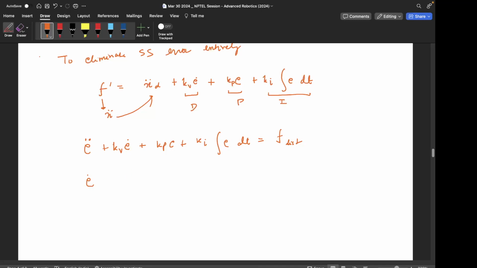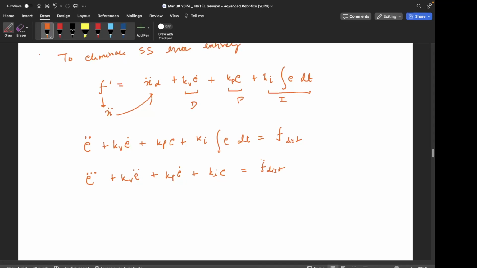Now if we take the derivative of this equation, this becomes a third order error dynamics. Right, third order error dynamics.